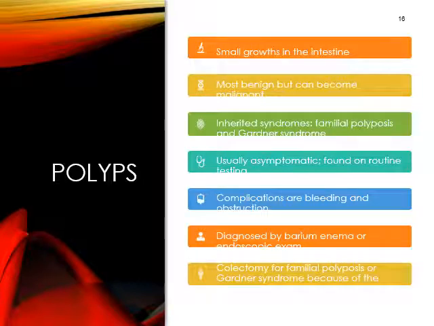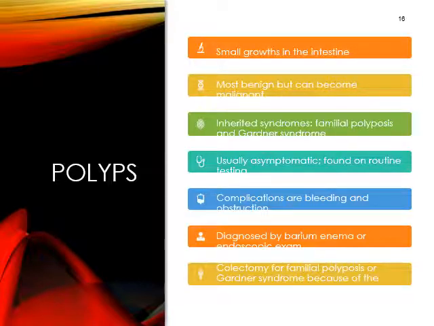It's usually diagnosed by barium enema or more commonly endoscopic exam. They can do a flex sigmoidoscopy. That's just where they go on the left side of the colon. That's a flexible sigmoidoscopy, but a colonoscopy will go the whole length of the colon, up, across, and down the colon.